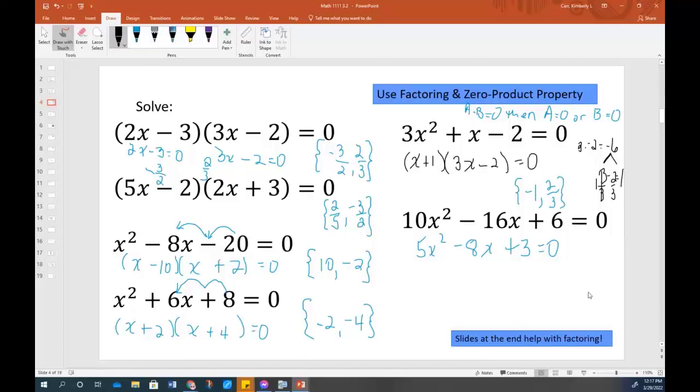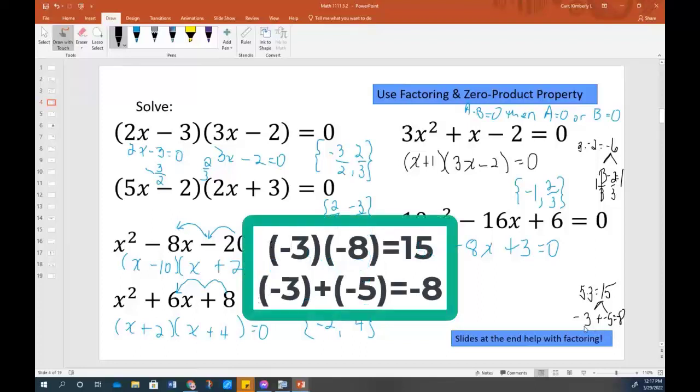But now, looking again at this process of 5 times 3, you want to take the a times c, which is 15. What multiplies to 15 but adds to give you negative 8, that middle term? Well, negative 3 times negative 5 is what's going to give me negative 8.